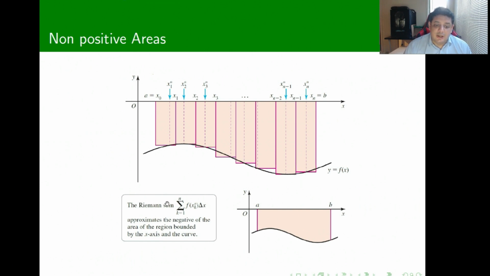And in here, the sum from k equals 1 to n of f of x star times delta x is going to approximate the negative of the area of the region bounded. Notice that we're not saying that by itself the area is negative, because areas are always positive. But just because the region is below the axis, we're going to multiply that area by a minus. Okay?